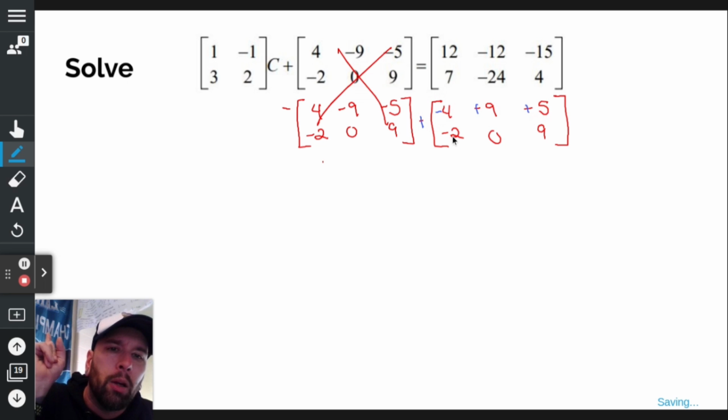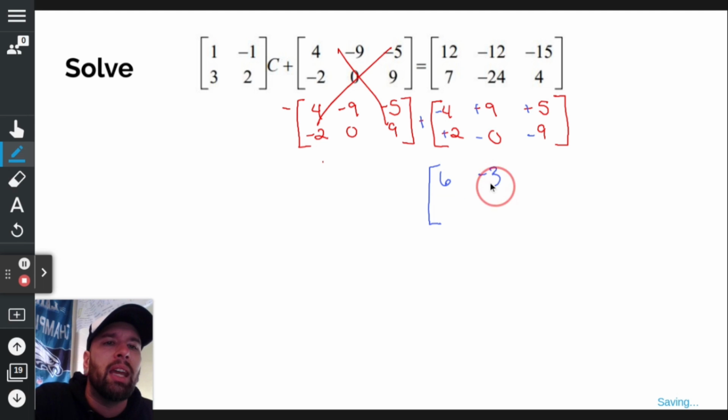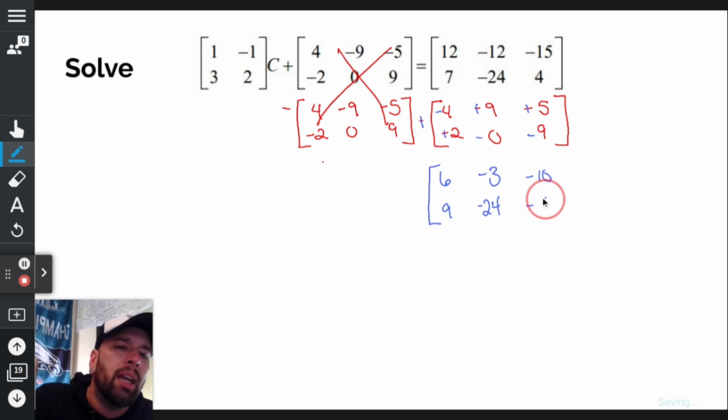Is it necessary? No. Is it helpful for me? Yeah. All right, so 12 minus 4 is 6. Negative 12 plus 9 is negative 3. Negative 15 plus 5 is negative 10. 7 plus 2 is 9. Negative 12 and nothing is negative 24, not 12. 4 plus negative 9 is negative 5.